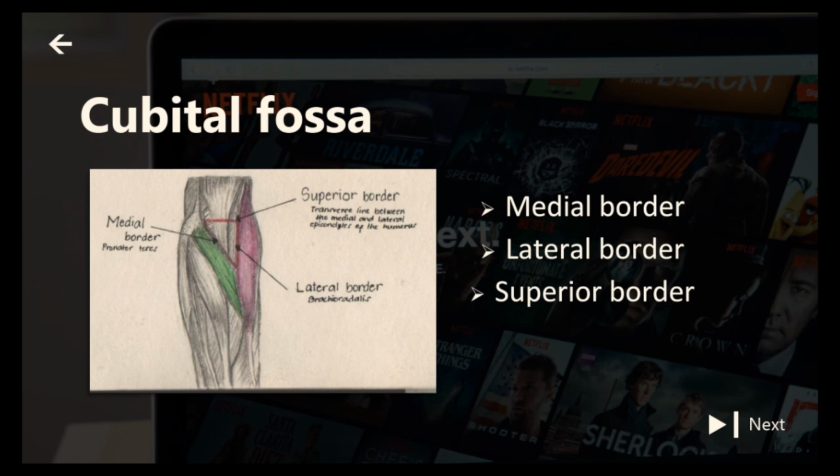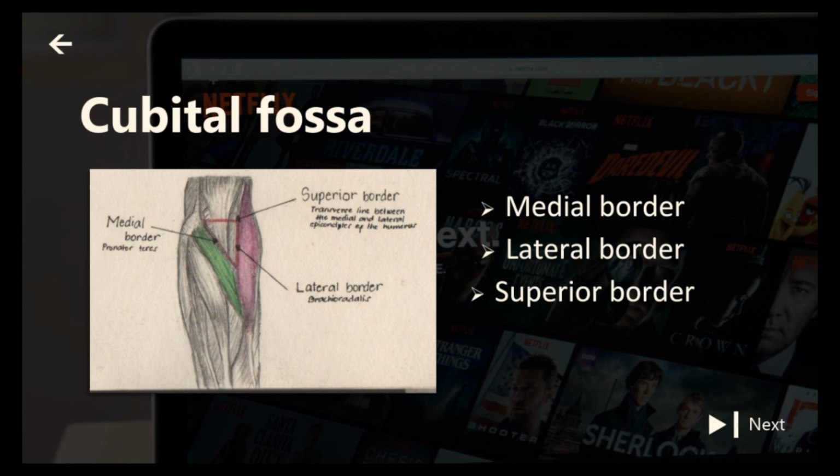The medial border of the cubital fossa is formed by the pronator teres muscle, which originates from the medial epicondyle. This muscle is innervated by the median nerve and is located in the anterior compartment of the forearm.